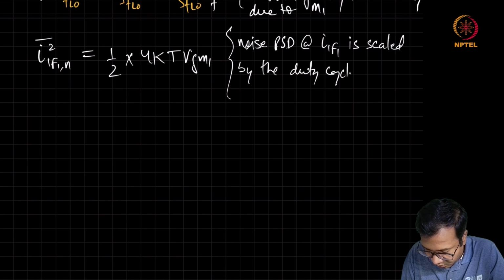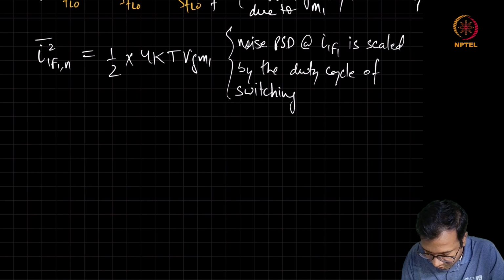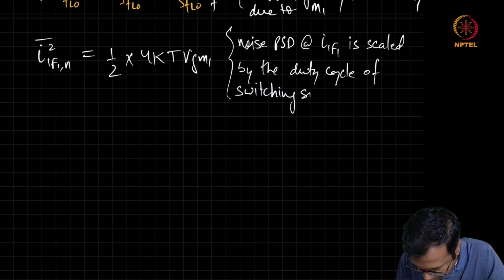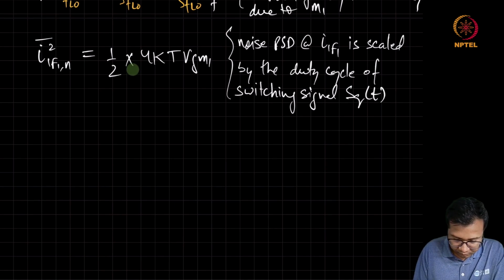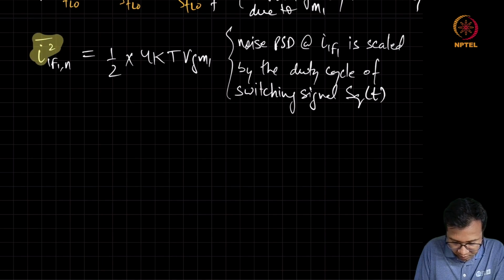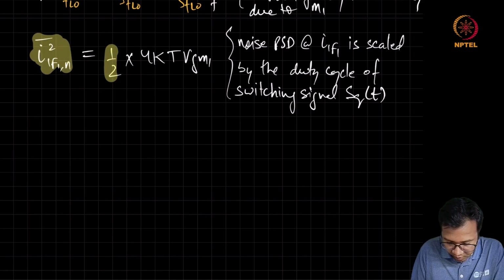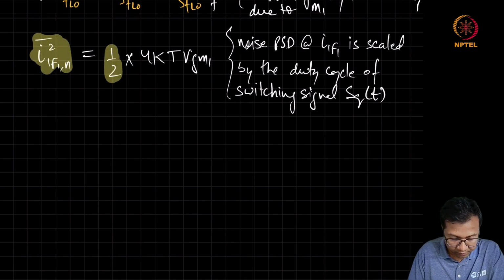Duty cycle of switching signal as Q of t. Okay, so this is important, this factor of half.